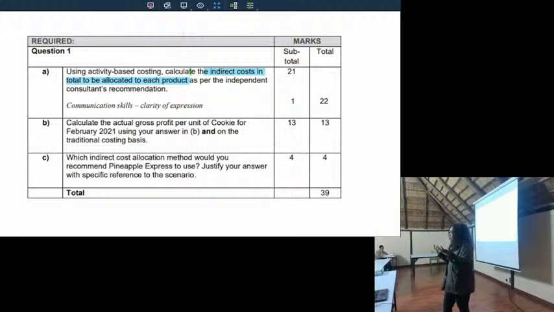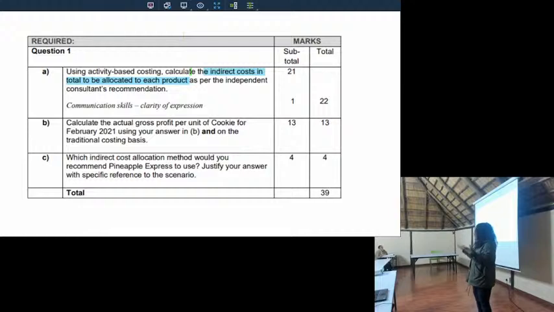I need you to tell me that using the traditional based costing system, it seemed like Lollipops was making a profit and it was positive. But when we used ABC, it's making a loss because now we're taking into account all the other cost drivers that affect the indirect costs that were allocated.